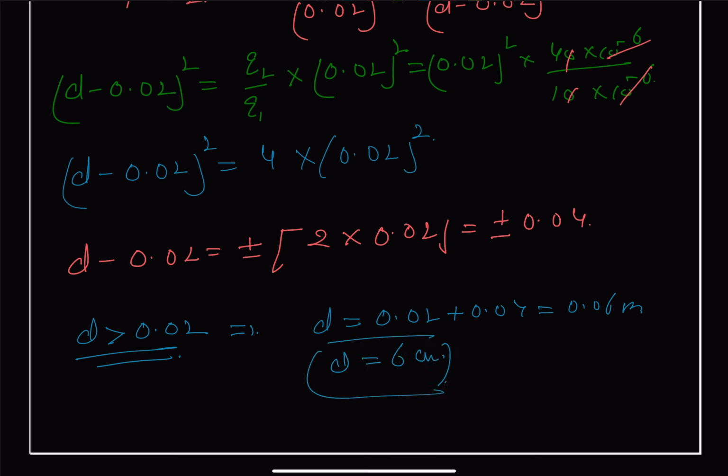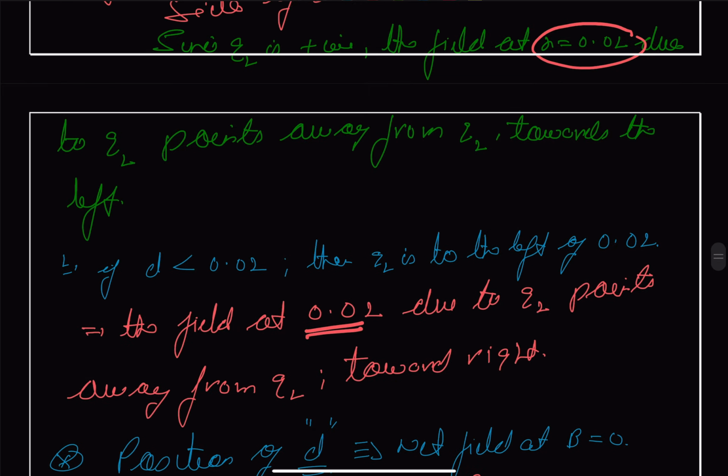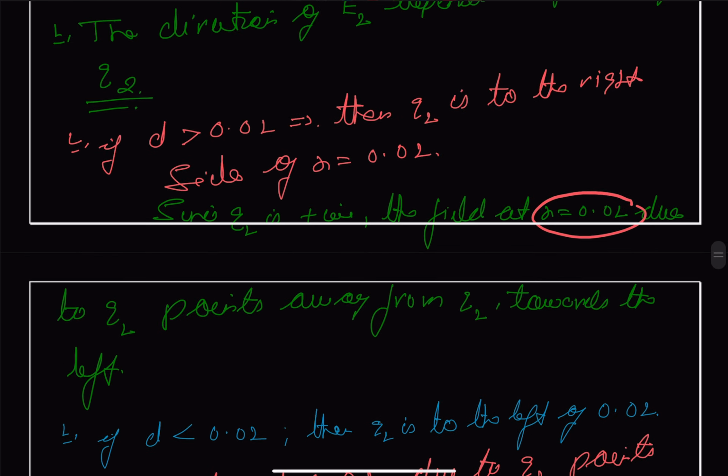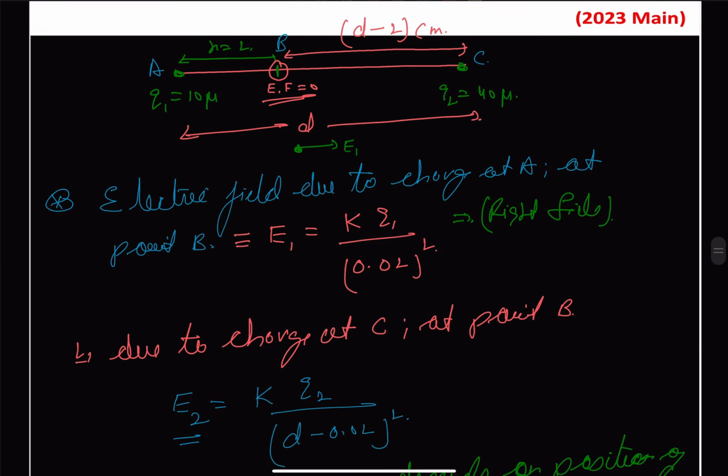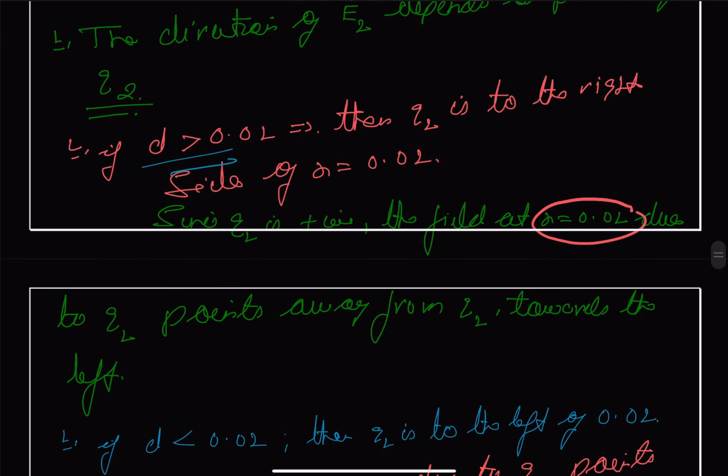This condition is true for this part, because we want the electric field to be towards the left, since the electric field due to Q1 is towards the right, so the Q2 electric field should be towards our left. And this is true only when our d is greater than 0.02.